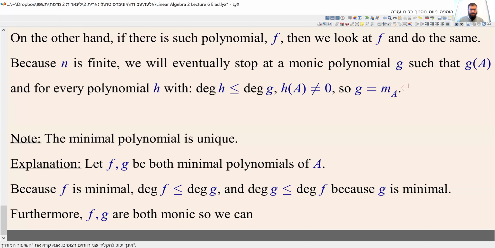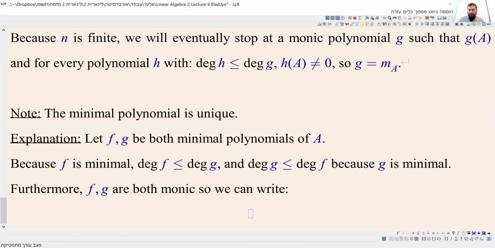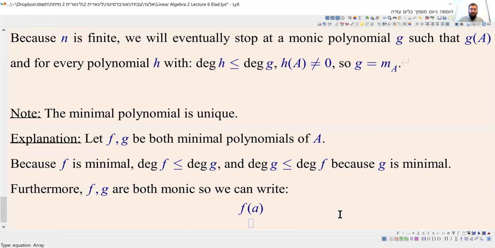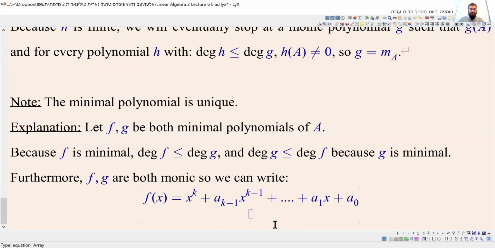So we can write f(x) as x to the power of some k, plus a_{k-1} x to the power of k minus 1, and so on, plus a_1 x plus a_0, and the same thing for g, but with different coefficients right now.